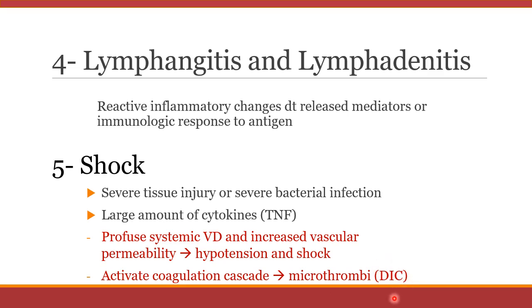It is a condition in which we have extensive microthrombi in the microcirculation all over the body because of activation of the coagulation cascade under the effect of some reactions related to the large amount of cytokines that are produced in severe septic conditions, among other conditions. So this actually is a life-threatening situation, and it's an emergency, and sometimes it is fatal.